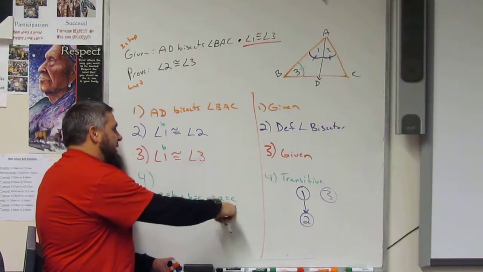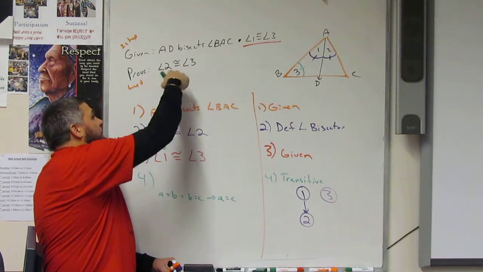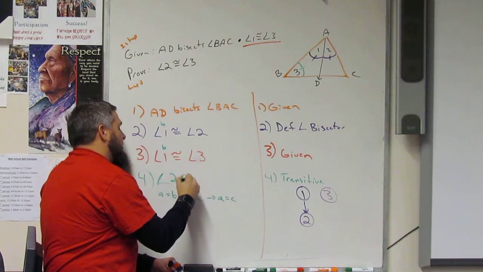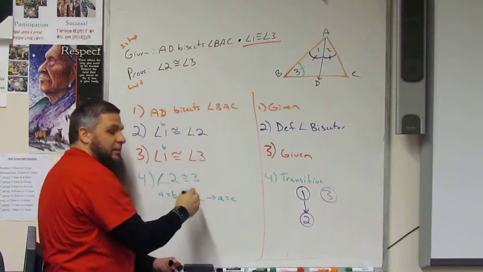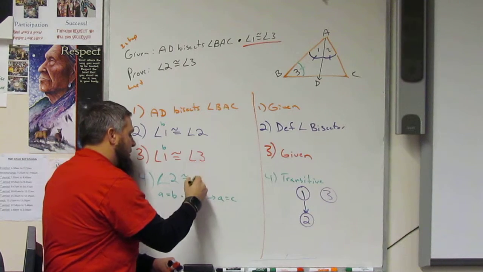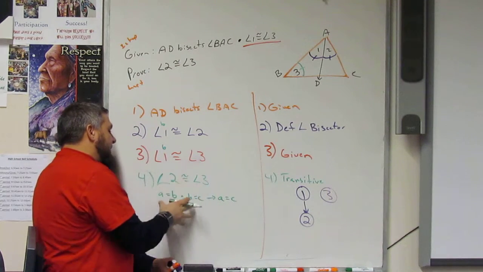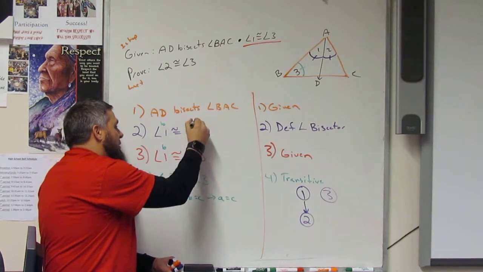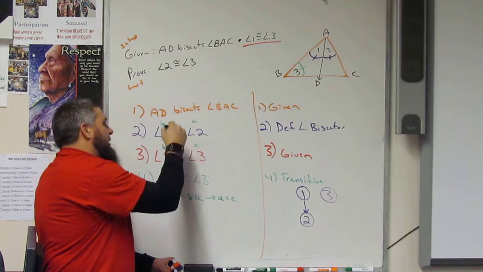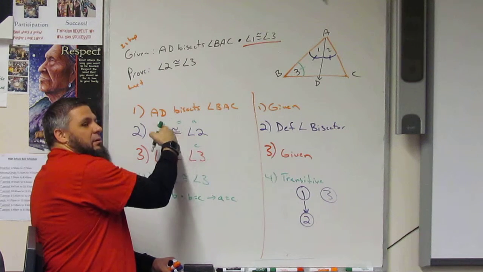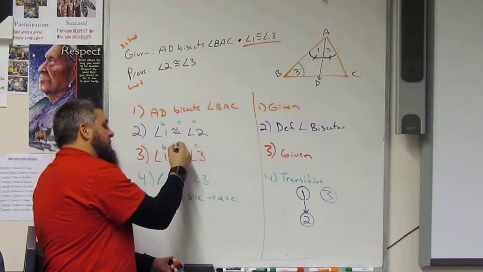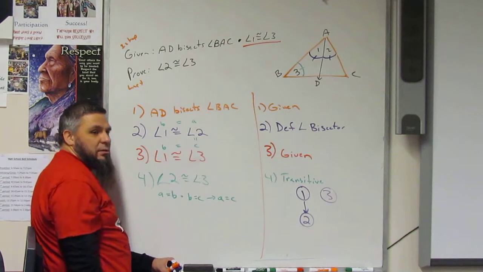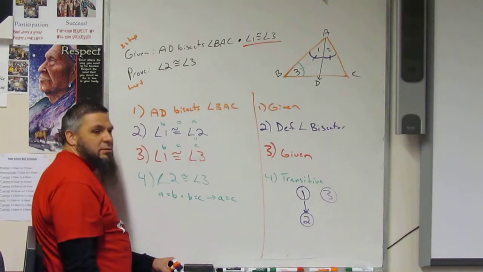Well, A and C, so I want the proof to be angle 2 is congruent to angle 3. I can't just have 3 there. Angle 3. So I have to set this up so that angle 2 is A, and then this would be C. And then if A equals B and B equals C, then A equals C. And that's transitive.